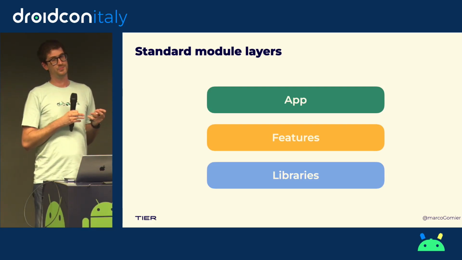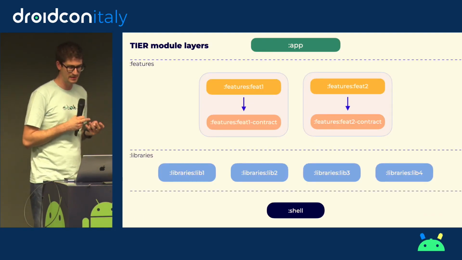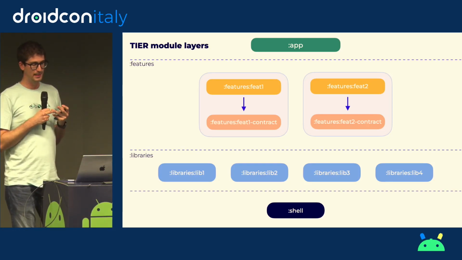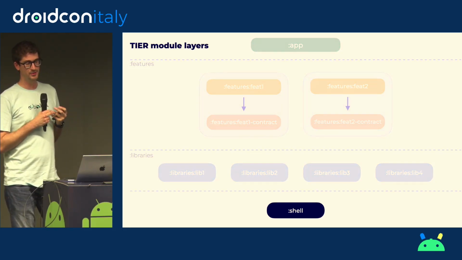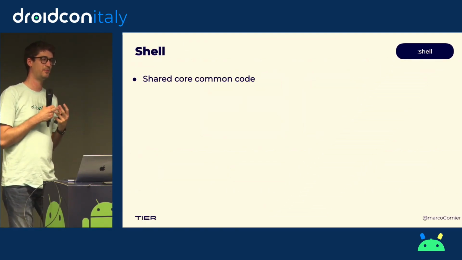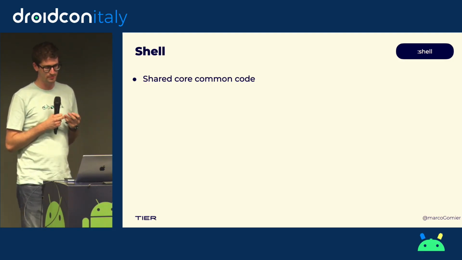And specifically for our application, we ended up with a similar structure. And yeah, let's dive deep into that. So starting from the bottom, we have a special module that we call shell that contains all the shared common code.